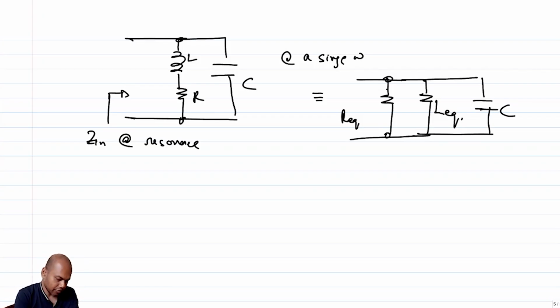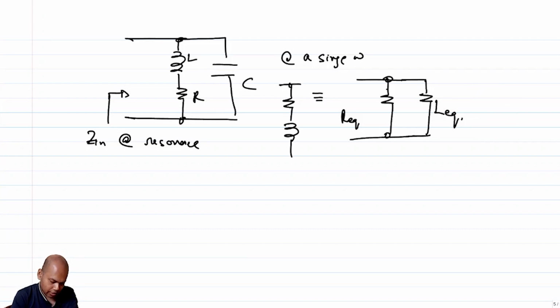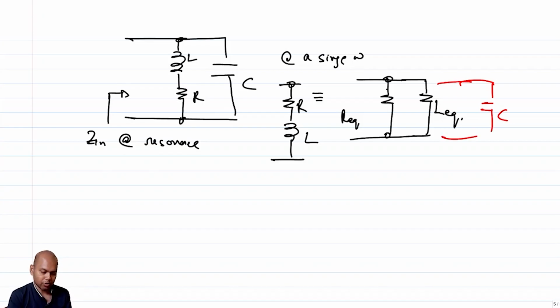Or in other words, if I can express this L and R as an R equivalent and an L equivalent in parallel, then if I put the capacitor across, I know that I will be able to resonate out the L equivalent and the C, and will be left with R equivalent, right?